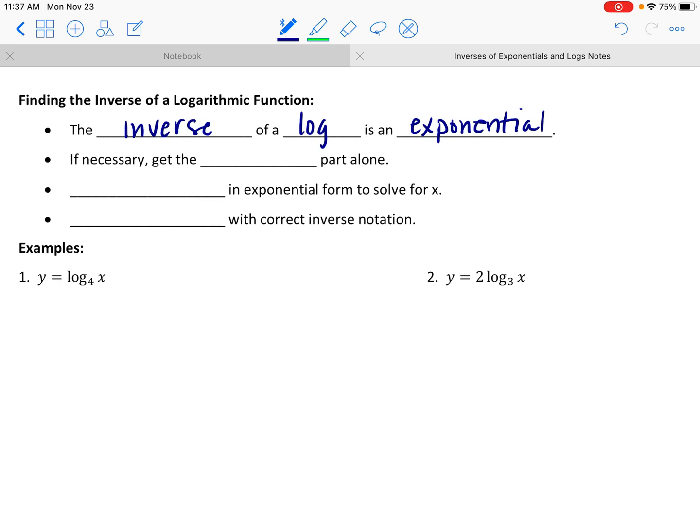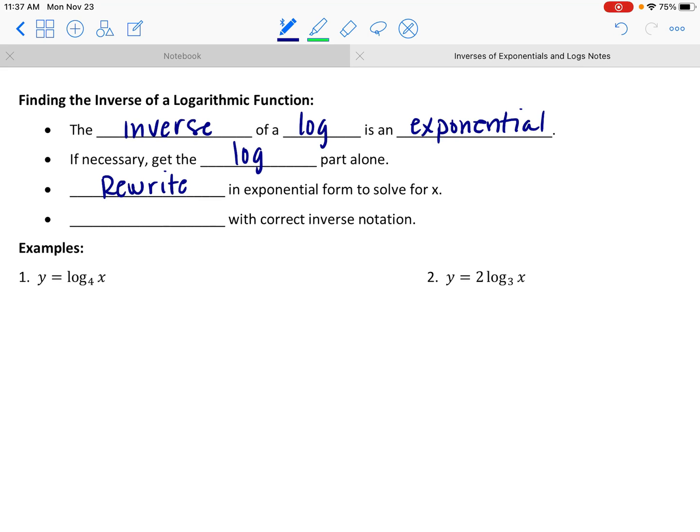Again, when we go to rewrite, if there's extra stuff, it's not going to have a spot. Like this times 2, there's no place in the rewriting process for that times 2. So if necessary, we might have to get the log part by itself and then rewrite in exponential form and solve for x again if we need to. We're rewriting to solve for x, that's the whole purpose there.